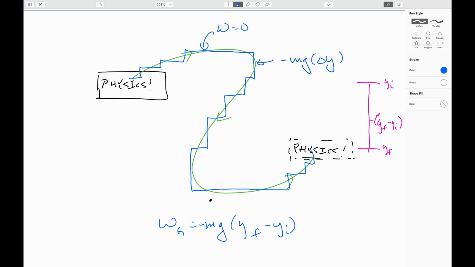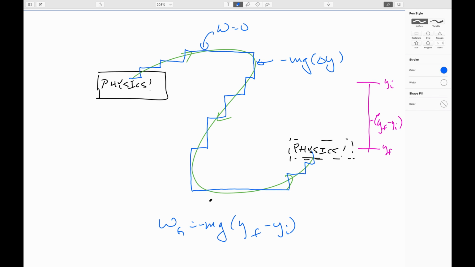Now, I'm sweeping some mathematical technical details under the rug, but that is the spirit of the argument. You can imagine making these zigzags as fine as you like, and mathematicians have shown that in the limit of making these zigzags infinitely fine, you'll still always get the same answer, in this case minus mg times (y final minus y initial).